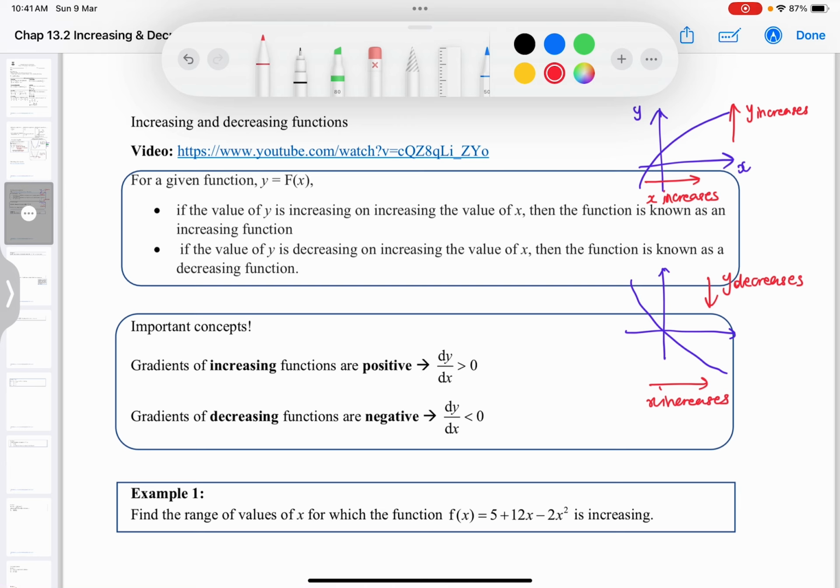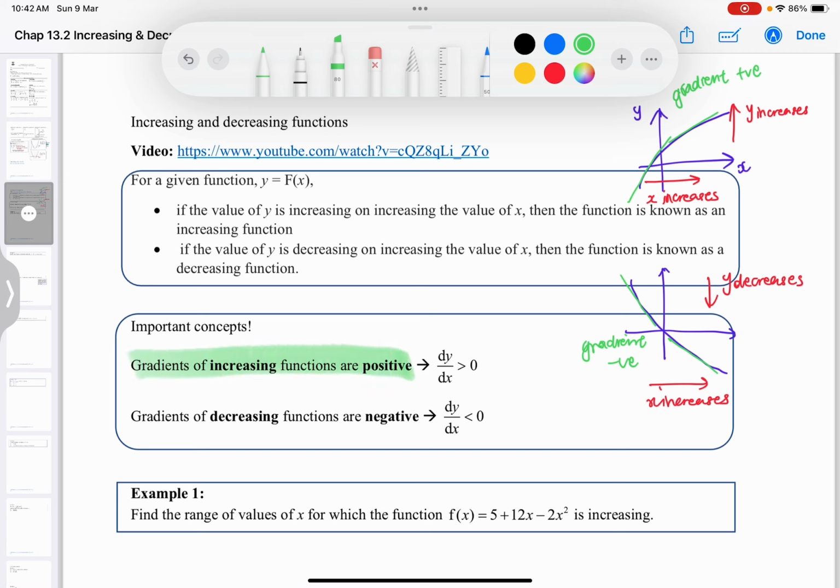When a function is an increasing function, you notice that the gradient is always positive. Whereas when it's a decreasing function, the gradient of the graph at every point is always negative, going downwards. So that is the important concept that we need to highlight over here.